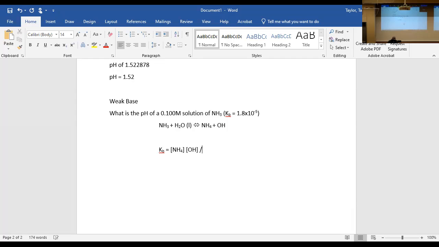Those are your products, so they're in the numerator. And then we drop out the water because it's a pure liquid, it's the solvent. And we leave the NH3, so the reactant is NH3, ammonia.